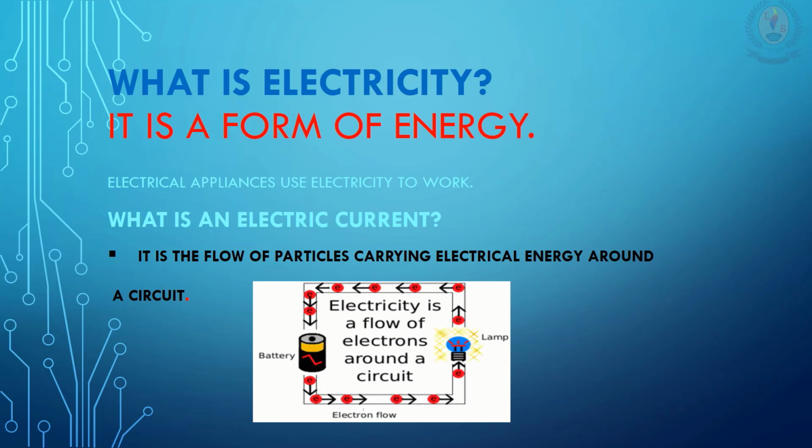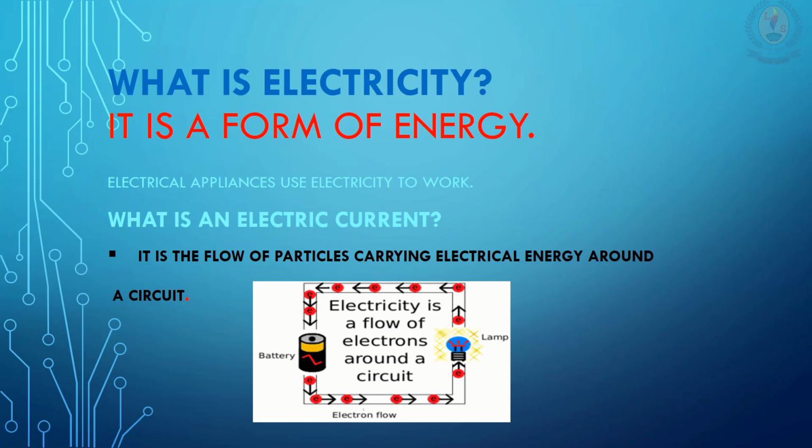Okay, my dear children, look at the picture very carefully. In the picture, you can see how the particles of electricity are going around a circuit. So, electricity is a flow of electric particles around a circuit.